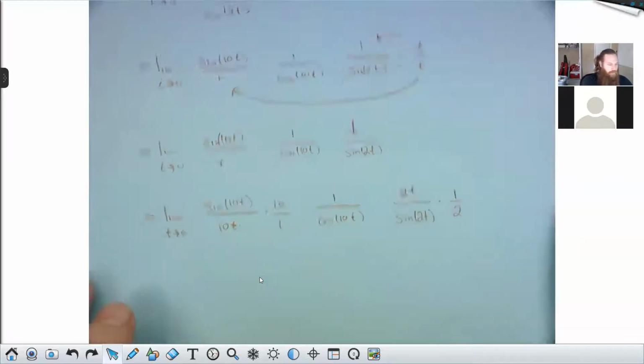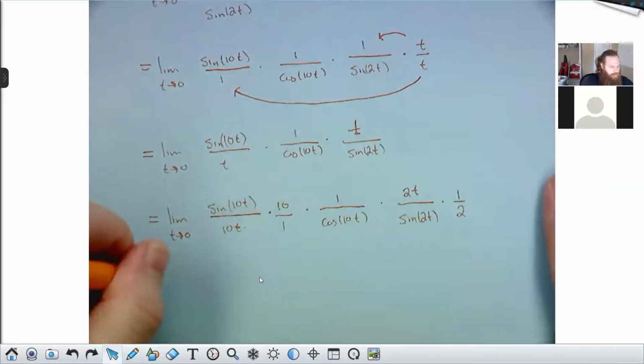So where we end up here, I can then give the limit to each piece.